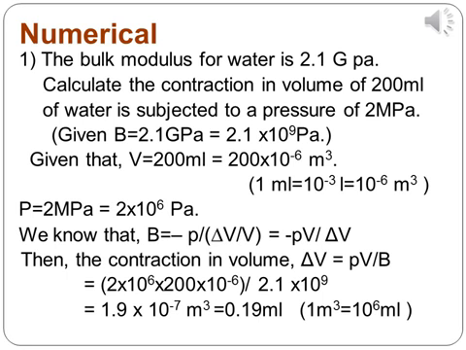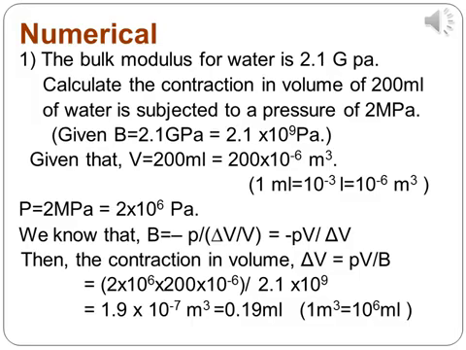Given that the volume of water V is equal to 200 milliliter, converting into meter cube, which is equal to 200 into 10 to the power of minus 6 meter cube, since 1 milliliter is equal to 10 to the power of minus 6 meter cube.